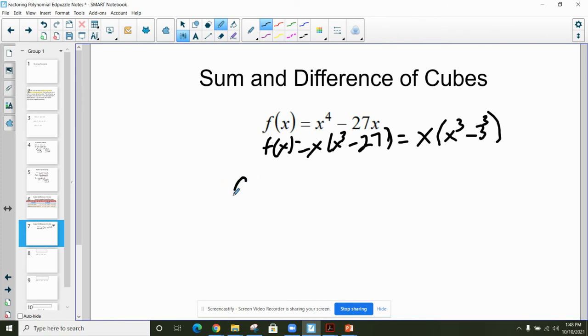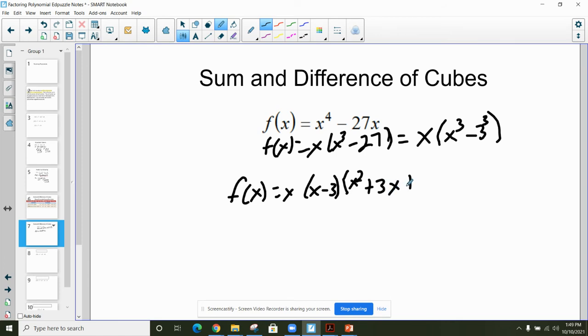And so my factored form, if I use the SOAP acronym, same. So my first parenthesis, don't forget about the x, but my first parenthesis will be a minus b, so x minus 3. Then it's a squared, so x squared. Now this next sign is opposite, so plus ab, so x times 3, so 3x.